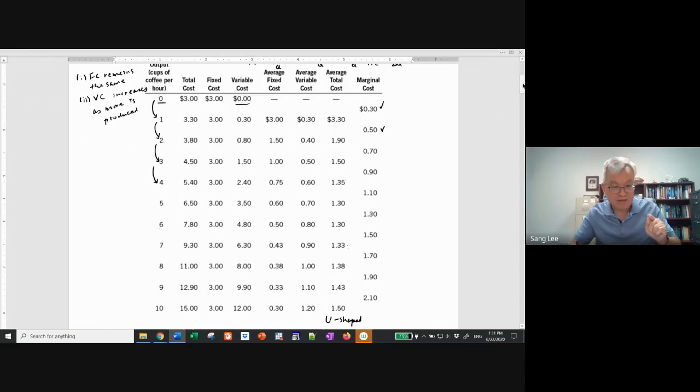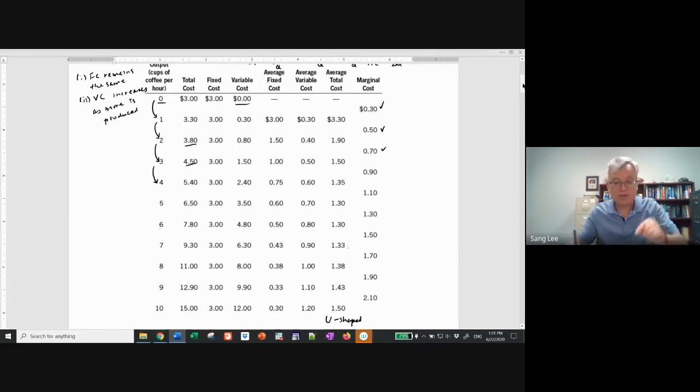Now, if you increase total output from 2 to 3, then when you produced 2 cups of coffee, total cost was what? $3.80. Now, when you add 1 more cup of coffee, total cost is rising to $4.50. So total cost increases by 70 cents.